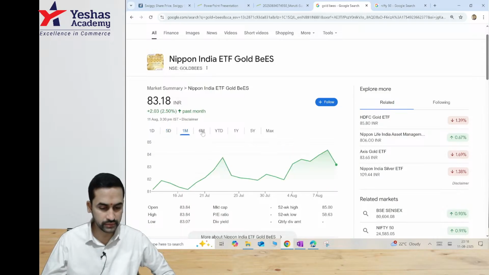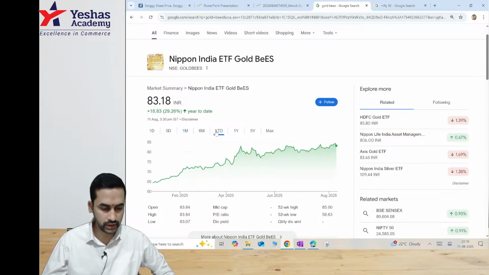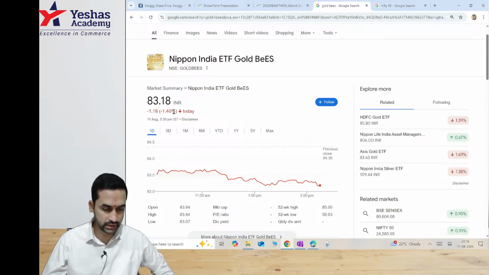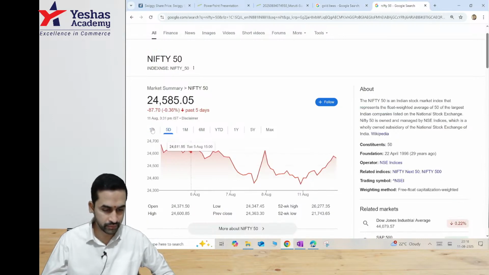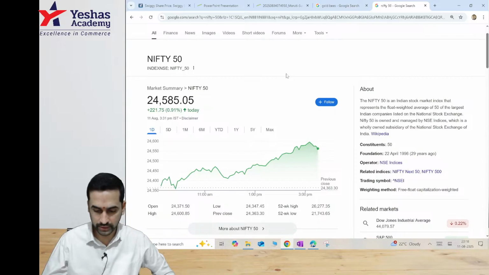Also see 1 month, 6 months, year to date. On a longer horizon, you'll get a better understanding. At least today, gold is down by 1.5%, whereas Nifty is up by almost 1%.